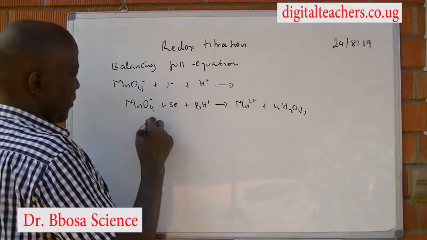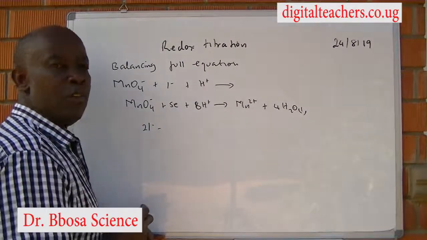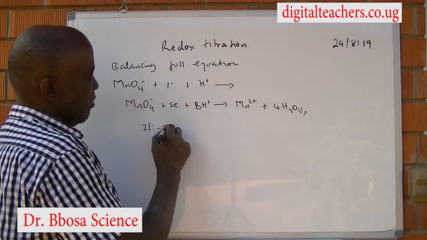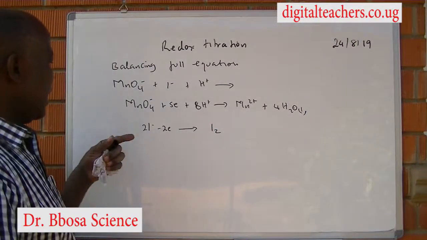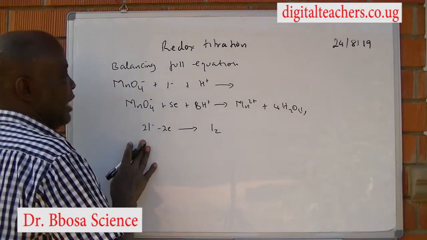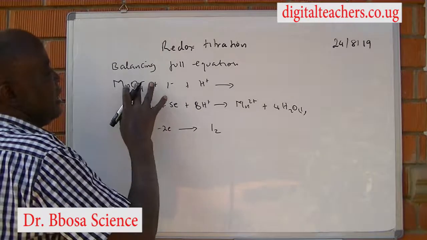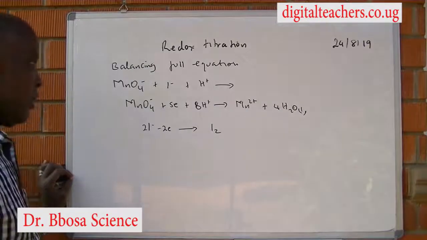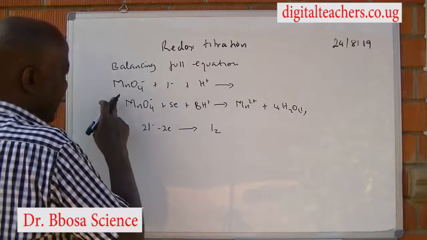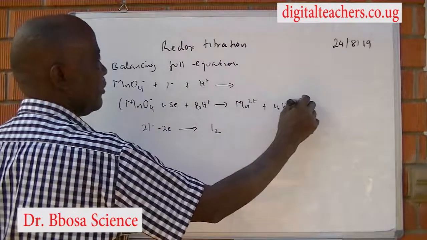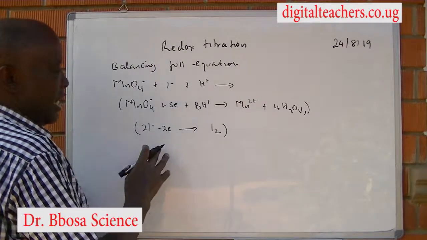Also, the half equation for iodide ion, we show that iodide ion gets oxidized by loss of electron to get iodine. The electrons from iodide ions are the ones which reduce the manganate ions. In order to get a full equation, when we are balancing or writing this equation, we multiply a factor here and then a factor here such that the electrons are the same.